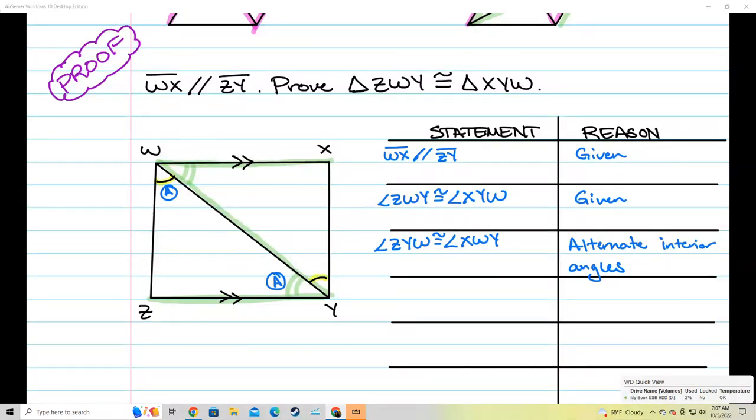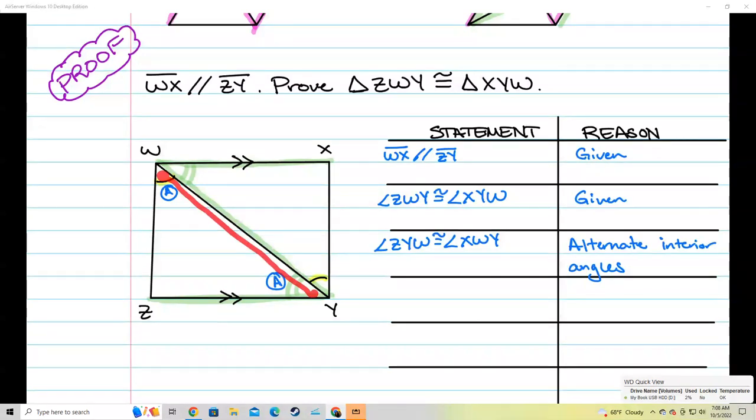And then lastly, I have two triangles being squished together. And when I have two triangles being squished together, that means one of the sides must be congruent to itself. I'm talking about this side congruent to this side. Now, hopefully you notice how I drew that. Because they're on two different sides of the triangle, I'm going to call this side right here going from W to Y. Notice that on this side, I went from the yellow to the green.